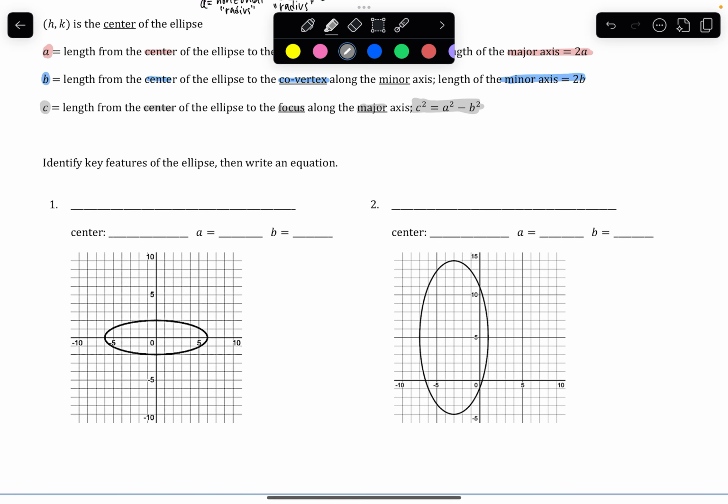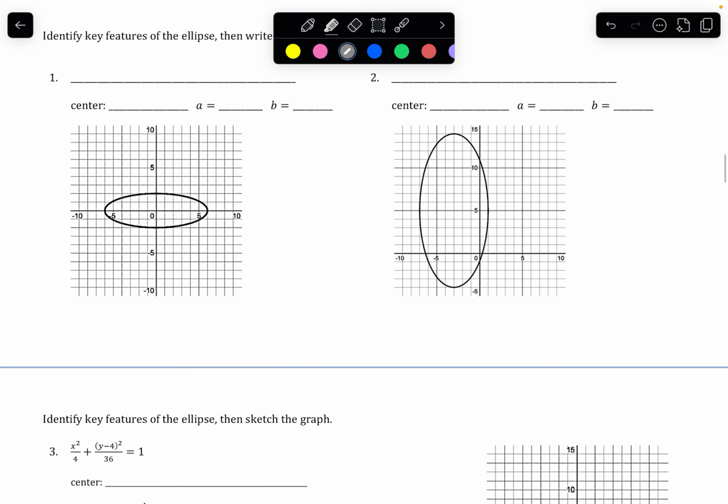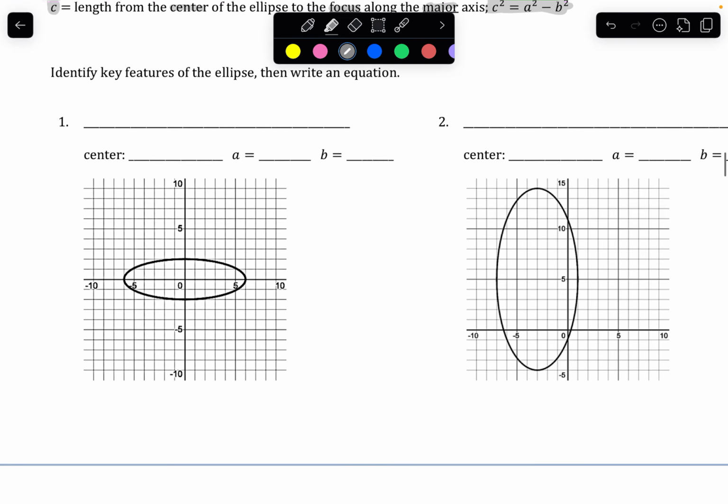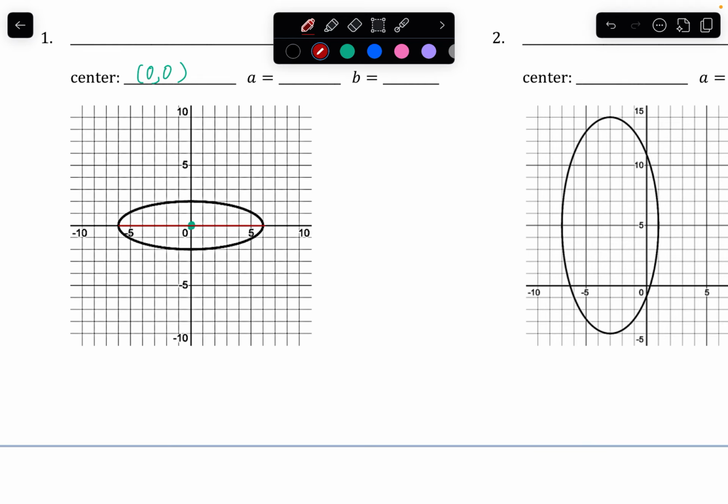All right, so let's jump into some examples so that we can get a more concrete understanding of this. And so looking at number 1, I see that this is a horizontal ellipse, and the center is right at the origin, 0, 0. Okay, and then my major axis is a horizontal line, and so this is a horizontal ellipse.